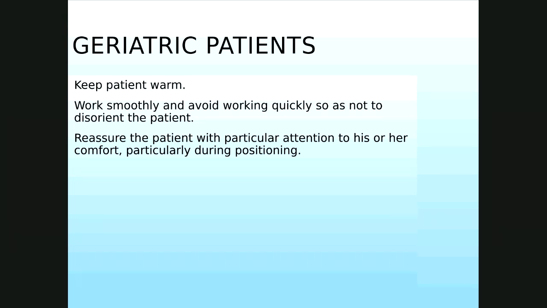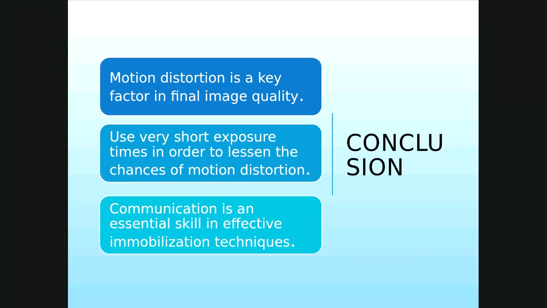Okay, so all different kinds of immobilization techniques. The biggest thing would be to communicate with your patient, let them know what you're attempting to do, and always try to be mindful of how they're feeling or what they're thinking and acknowledge that. In conclusion with this, motion is a key factor in final image quality.